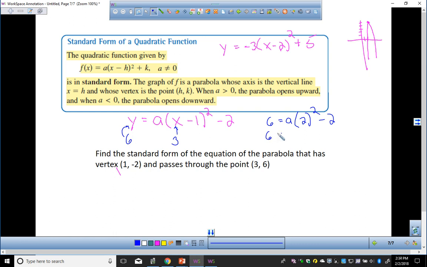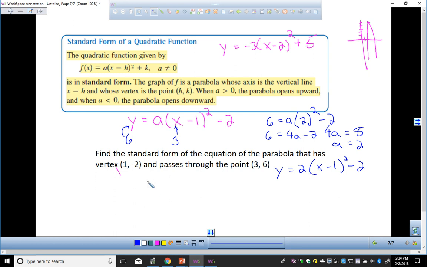So I get 6 is equal to 4a minus 2, so 4a equals 8, a equals 2, right? So now I could rewrite my equation, y equals 2(x minus 1) squared minus 2.